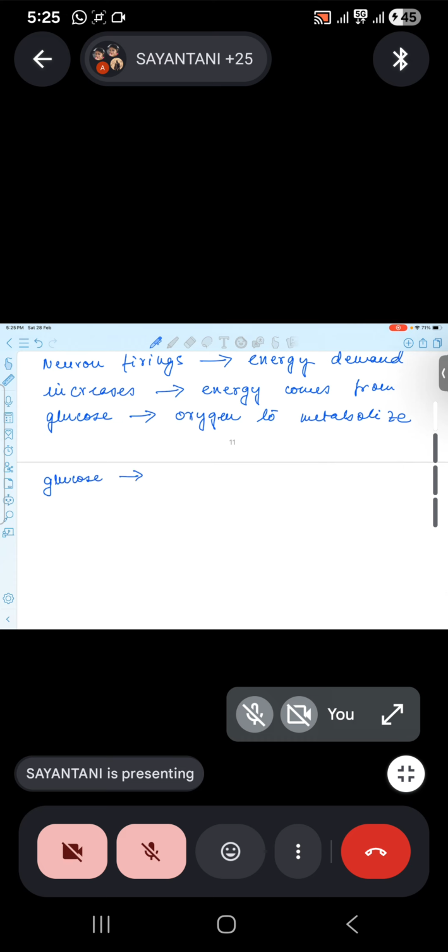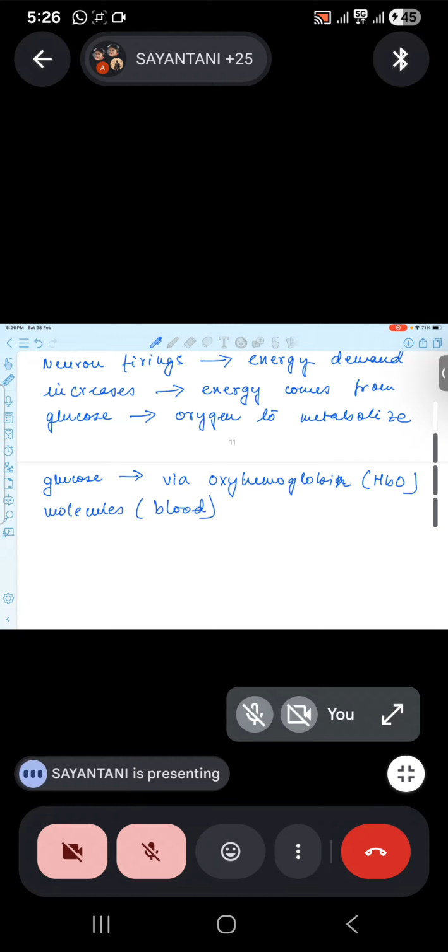So oxygen is not freely found inside the body, but it is supplied by the blood via oxyhemoglobin. It is referred to as HBO molecules. So blood supplies oxygen in the form of oxyhemoglobin molecules.